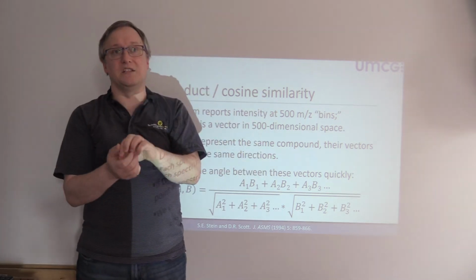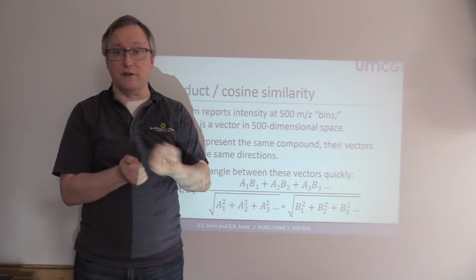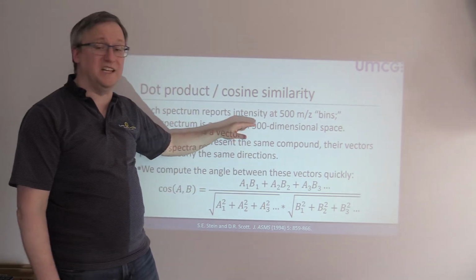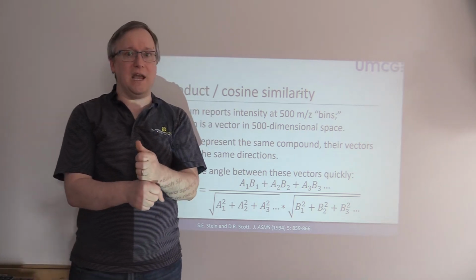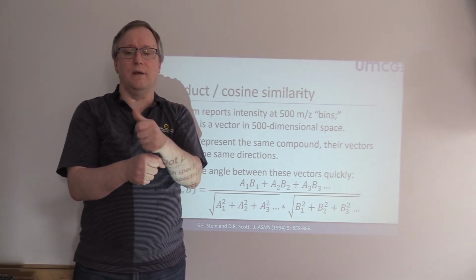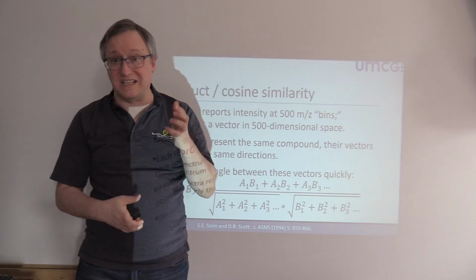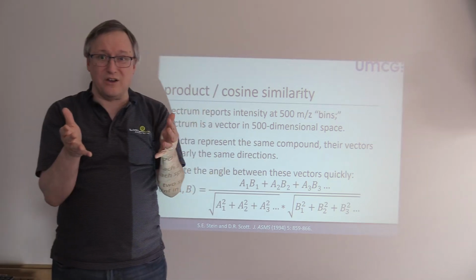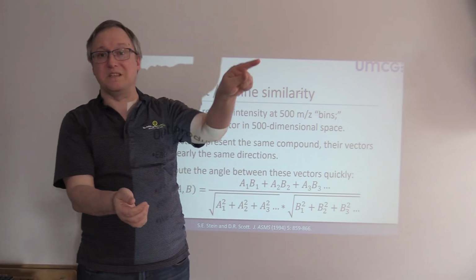So any spectrum is going to have its coordinates for each of these 500 dimensions supplied by the intensities at each place. So if I have a peak at 200 in this mass spectrum or tandem mass spectrum, in dimension 200 I have a coordinate that corresponds to that intensity. What comes out of this is that each spectrum can be perceived as a vector in space.